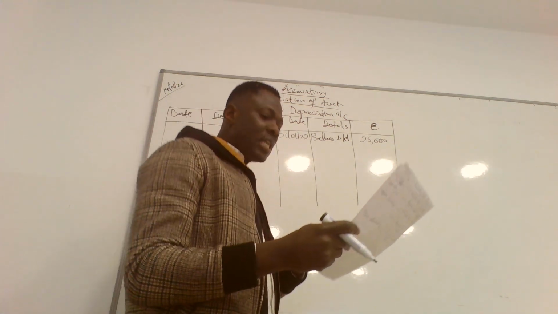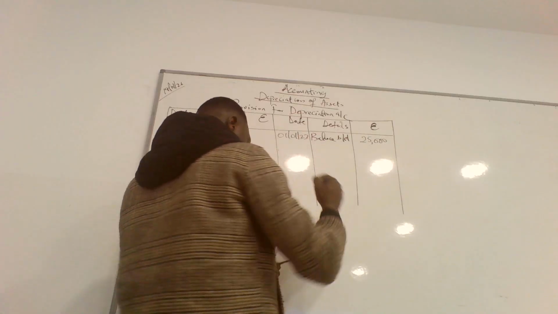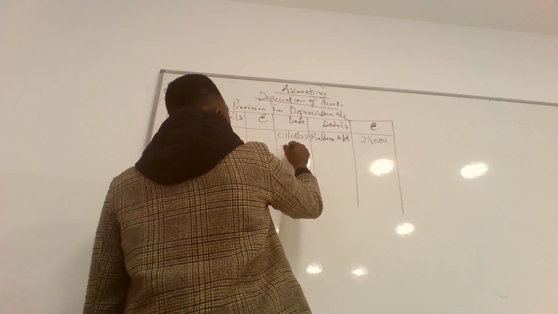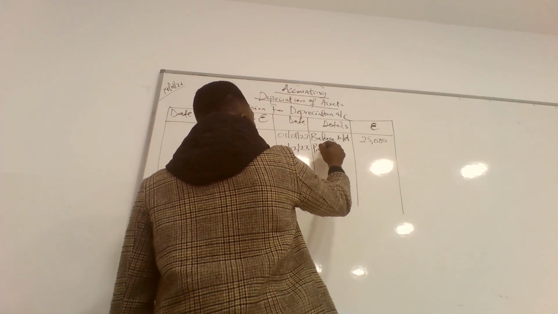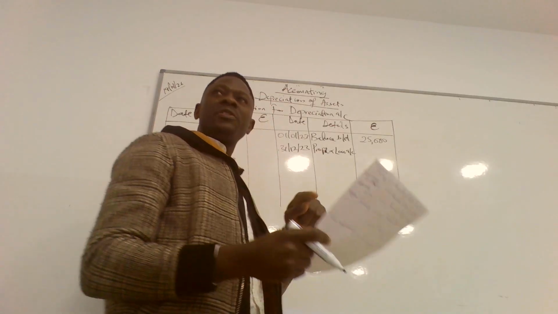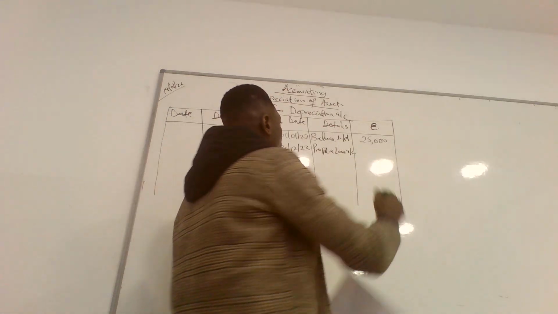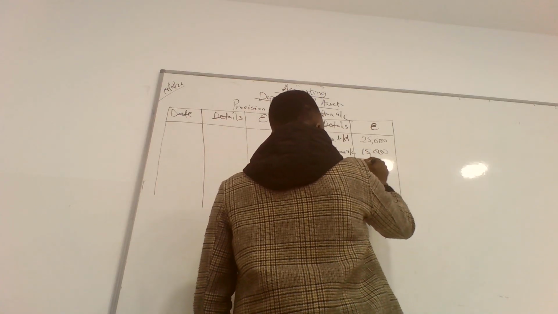Then for the profit and loss account, 31/12/23 profit and loss account, that is the additional depreciation we have, 15,000. The total depreciation is 40,000.